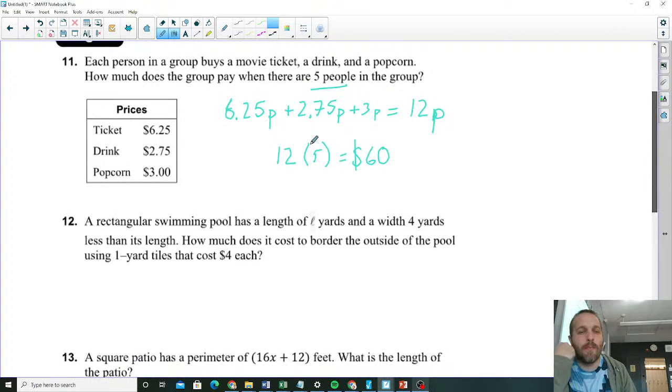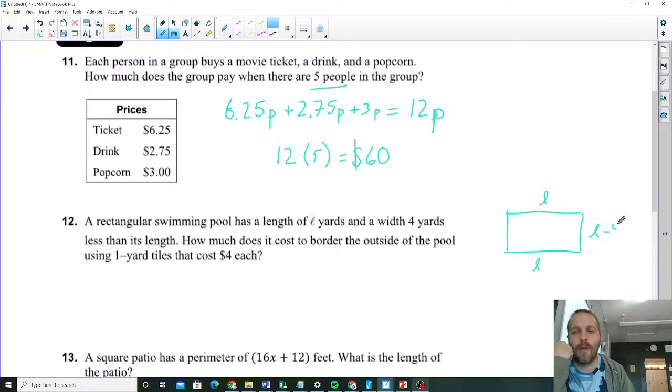A rectangular swimming pool has a length of L yards and a width of 4 less than its length. It's always good to draw a picture on a problem like this. We've got L, and then we have L minus 4. And we want the border.